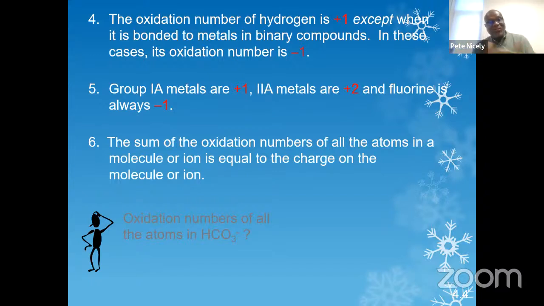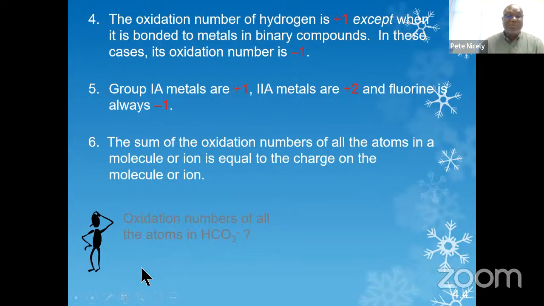Now, if it's a molecule, obviously the charge would be 0, so therefore the sum of the oxidation numbers of all the atoms involved would be 0, all right? But otherwise, if you're dealing with a polyatomic ion, then the sum of the oxidation numbers will be equal to the overall charge carried by that polyatomic ion.